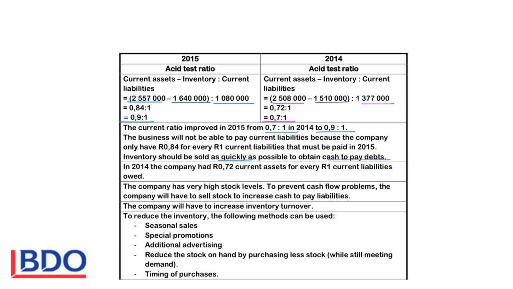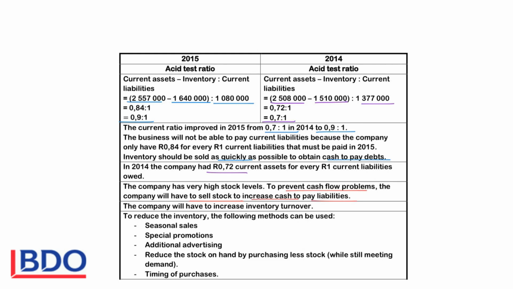In 2014, it was 72 cents, so they didn't have enough money to pay the current liabilities, and the company has very high stock levels. So that means that they have to sell some of the stock as quickly as possible so that they can prevent cash flow problems and increase their cash so that they will be able to pay for liabilities.